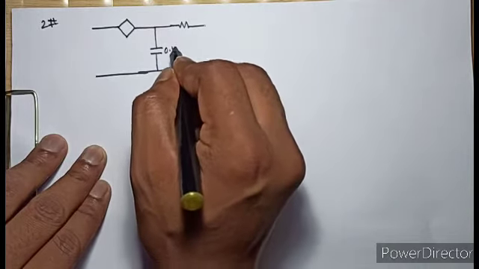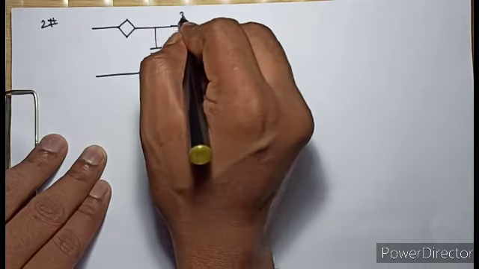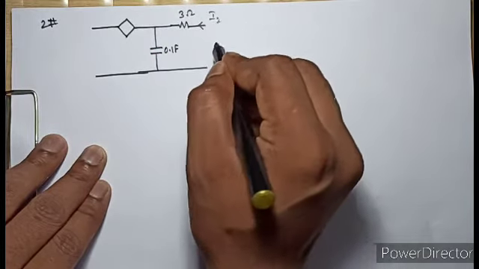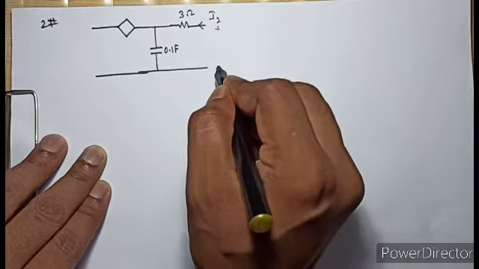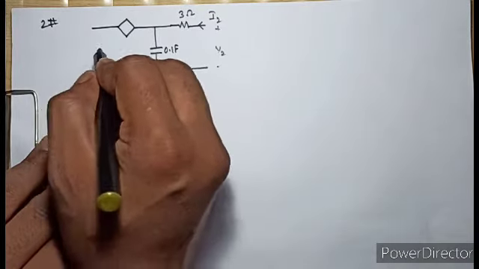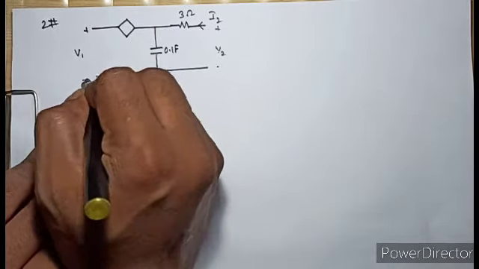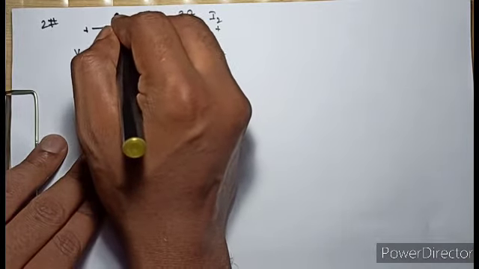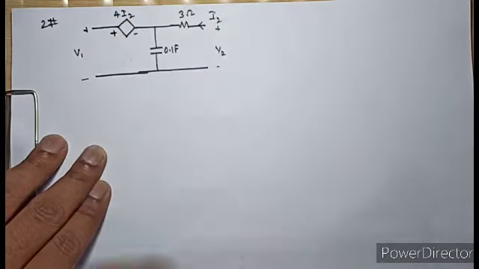This is 0.1 farad, this is 3 ohm, I2, this is V2, V1, plus or minus 4I2.